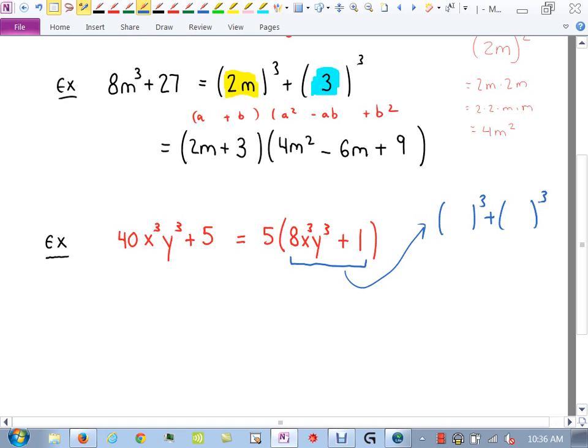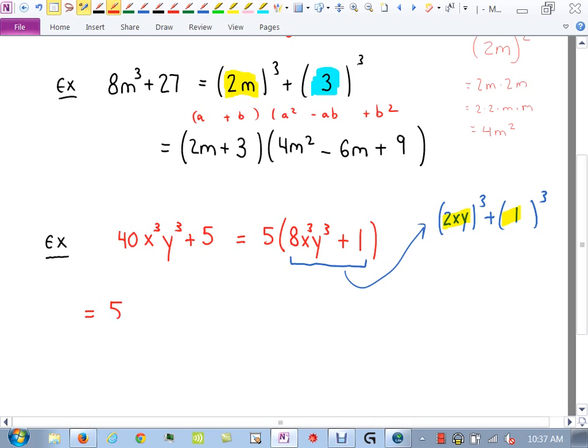So how do you get 8? 2 cubed. How do you get x cubed? x. And then how do you get y cubed? y. And then how do you get 1 cubed on the other one? 1. So there's your A, there's your B. A is 2xy, B is 1. So I'm now going to apply this formula.